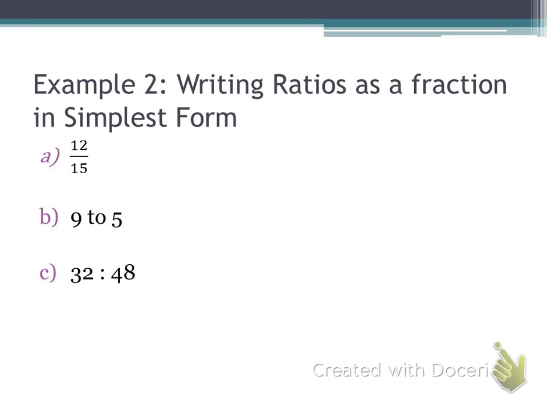It has to be divisible by the same number. So I can divide top and bottom by 3, and no, you do not have to show this step. I'm just showing it basically to show the process. 12 divided by 3 is 4. 15 divided by 3 is 5, 4/5. So you're basically just reducing fractions, but they're ratios, all right?